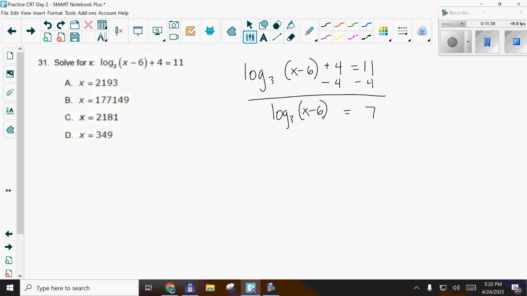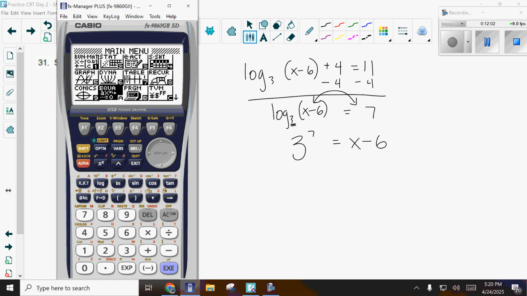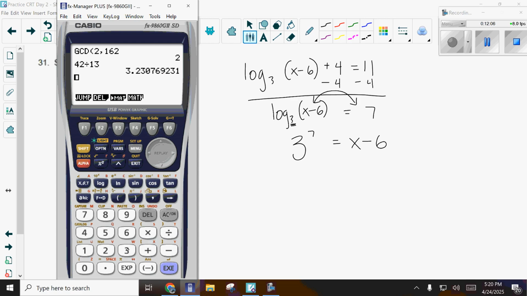So what I have to do is convert it. Once we get to a point where we get stuck, we take it out of the log format. So again, it's all about the base. The base is a 3, so I'm going to make a big 3 here. And then I'm just going to flip-flop these guys. So if I put the 7 over here and x minus 6 right there, I can go into my calculator and type in 3 to the 7th power.